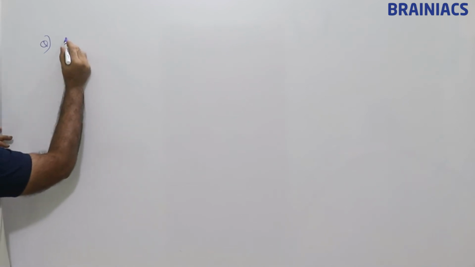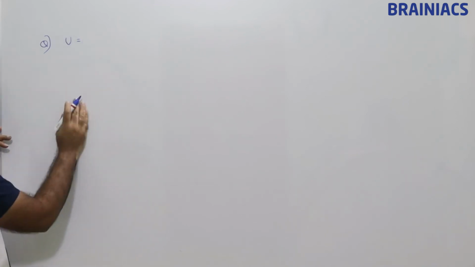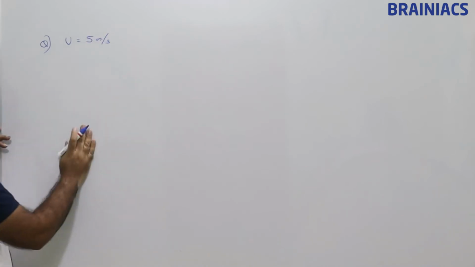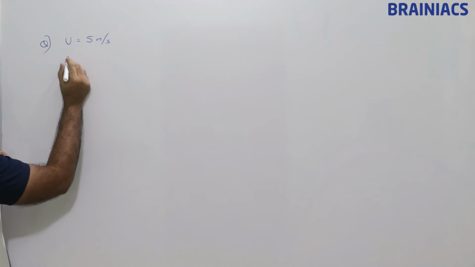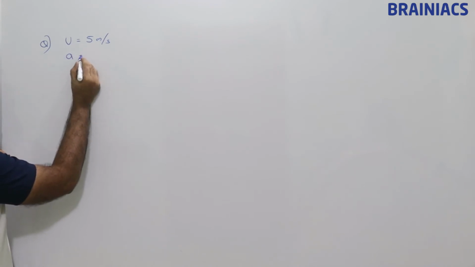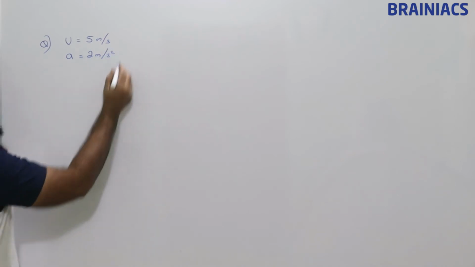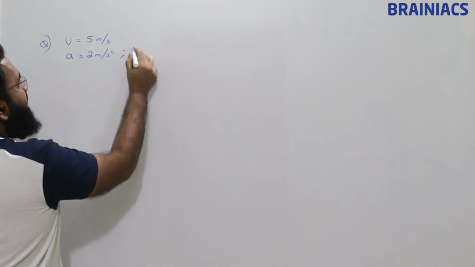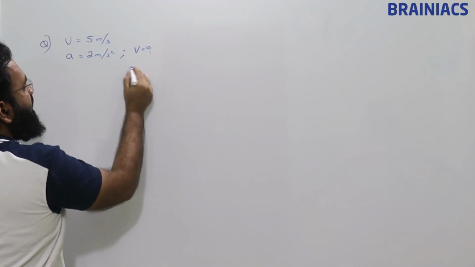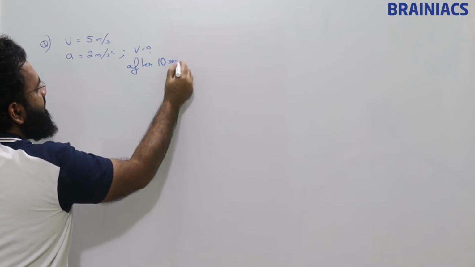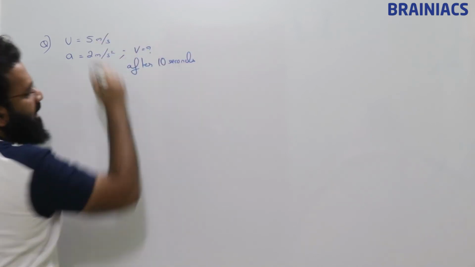A body is moving with initial velocity 5 meter per second, and acceleration is 2 meter per second square. What will be the velocity after 10 seconds?